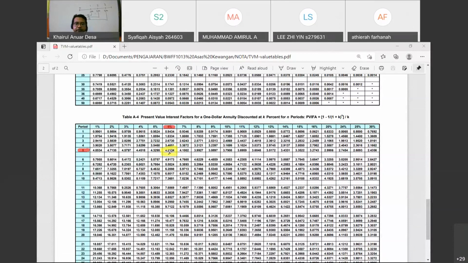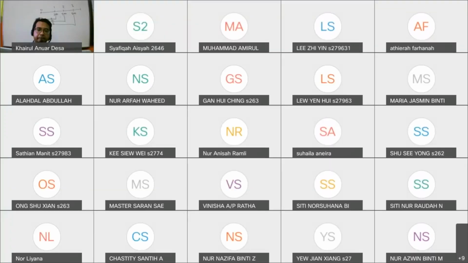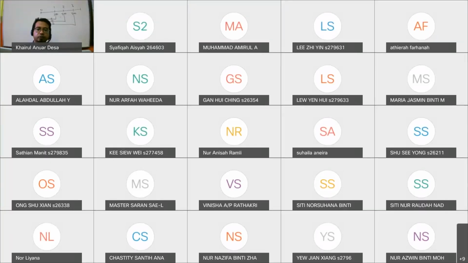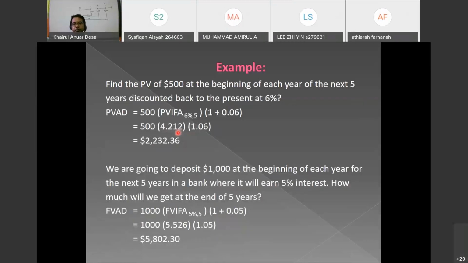So the coordinate here is 4.2124. Pak sini kan? Okay, 4.212. Kemudian di sini ada 1.06, ini 1.06. So the answer is 4,232.36.